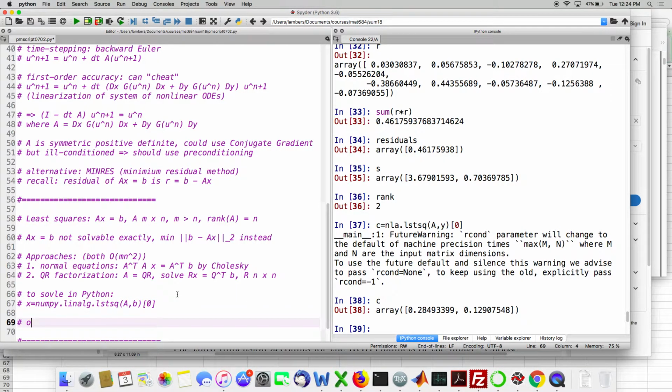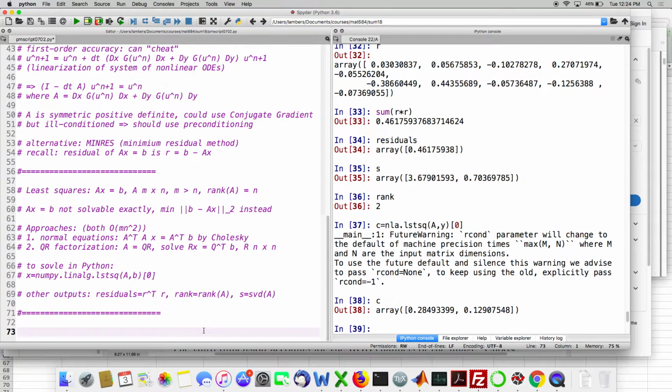The other outputs, in order, are the residuals, which is r transpose r, the rank, which is the rank of A, and then s, which is the singular values from the SVD of A. In other words, unlike SVD in MATLAB by itself, which will return just the singular values, not the whole decomposition. Okay, all right, so that's least squares.